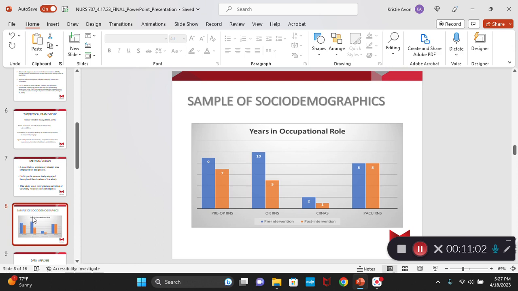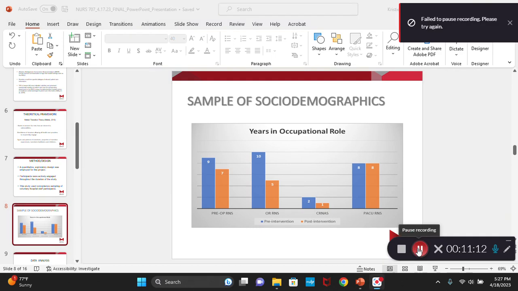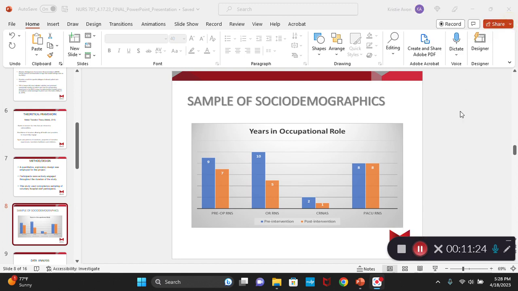And there were even employees who had been working at this hospital for 15 to 20 years.